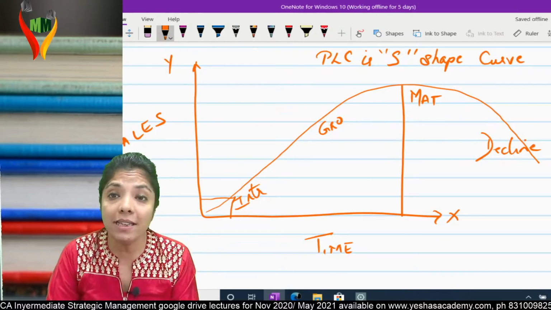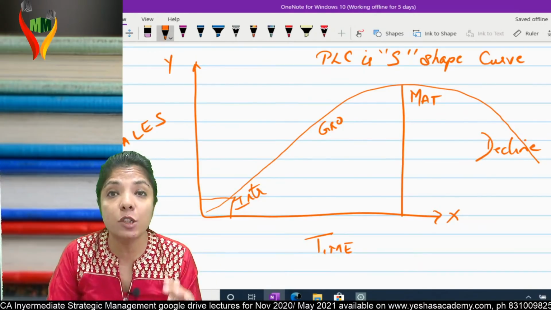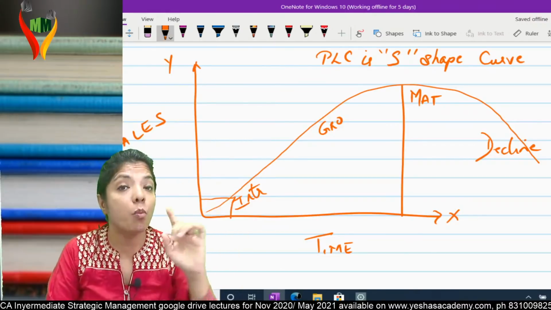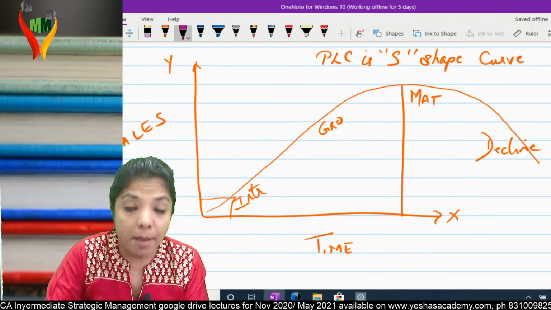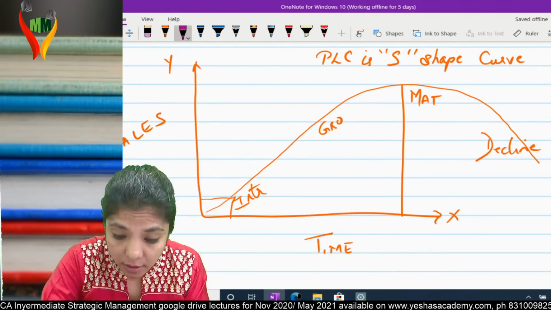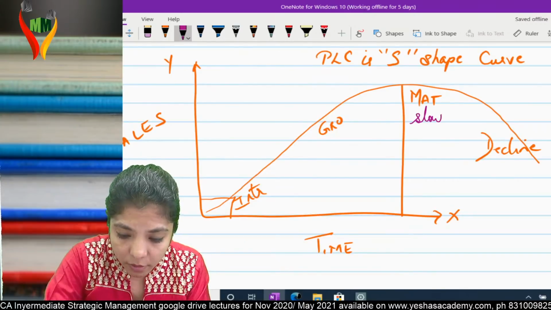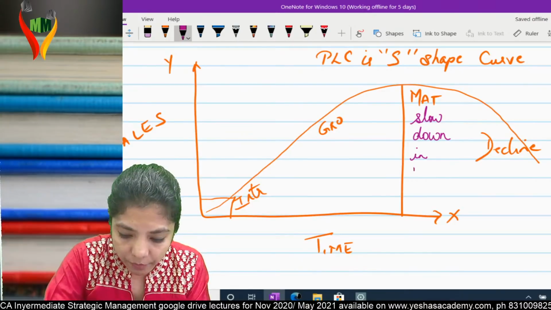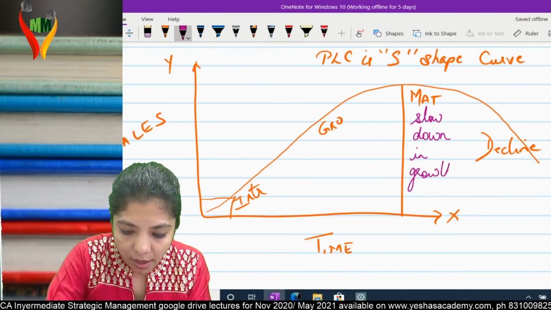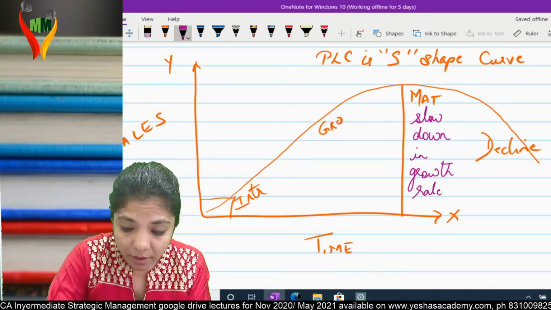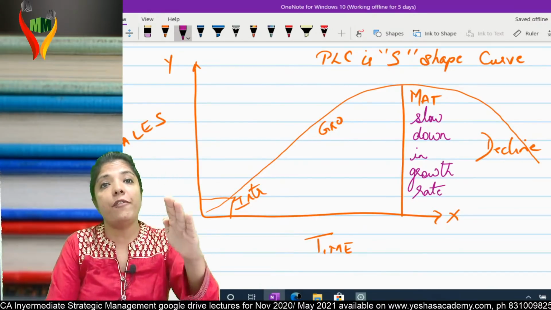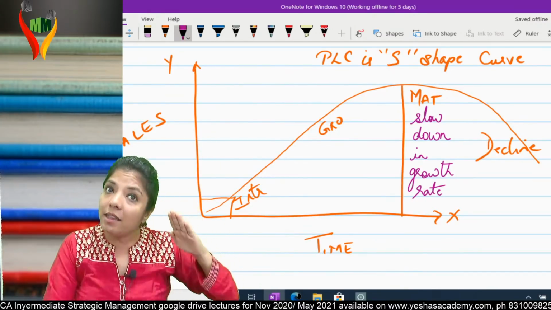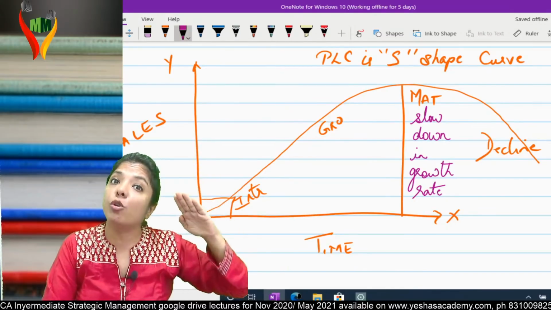Then one day my product will enter into which phase? Maturity phase. See, what is the maturity phase? Maturity phase means a slow down in growth rate. Till the time your graph is going up, it is the growth phase.